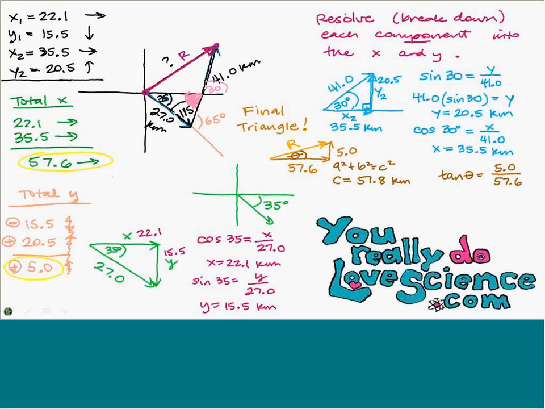So I'm just going to do 5.0 divided by 57.6, and I get 0.0868. And so we flip sides and we say inverse tangent of 0.0868 equals theta. And I get 4.96.